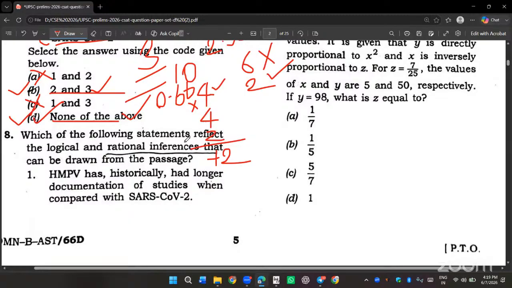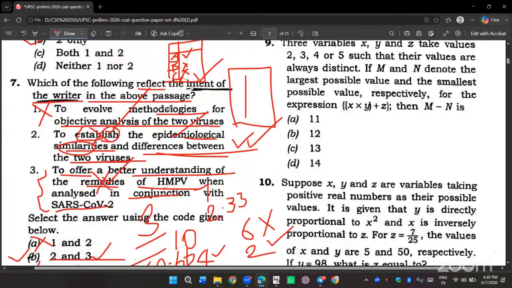Which of the following statements reflect logical and rational inference that can be drawn from the passage? I told you, what do you infer? Logical inference can be drawn. This is yours. In the previous point, it was the intent of the author. That is why you cannot do this.